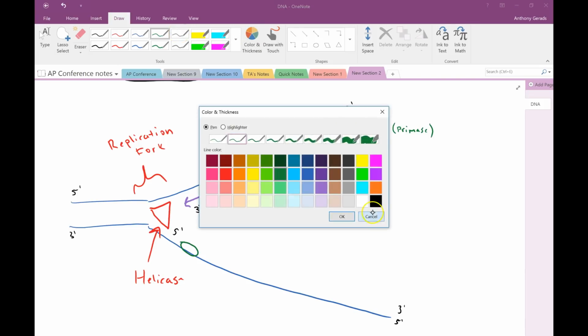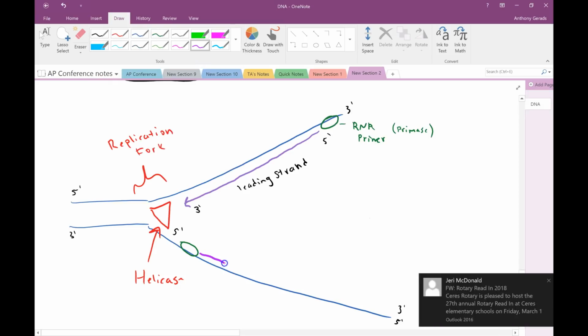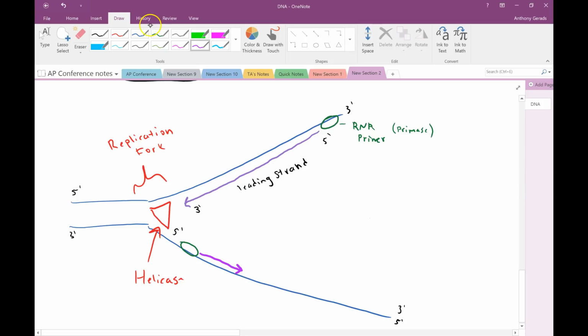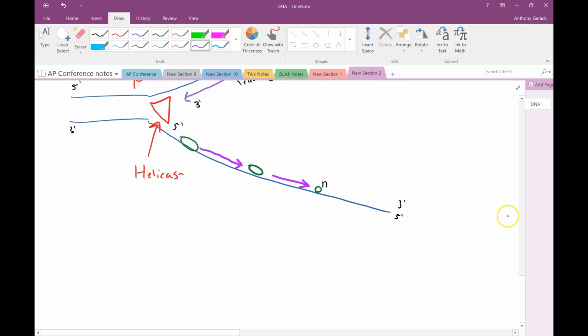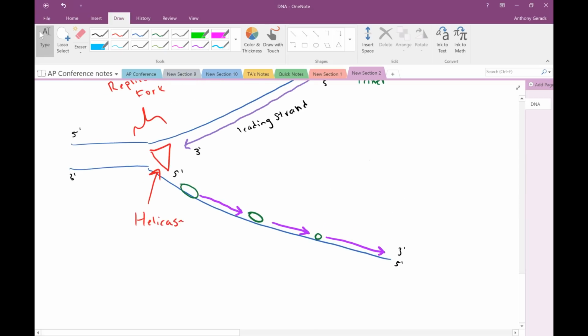Lay a primer, add nucleotides. Primer, nucleotide. Primer, nucleotide. And so what it did now is create these little fragments.